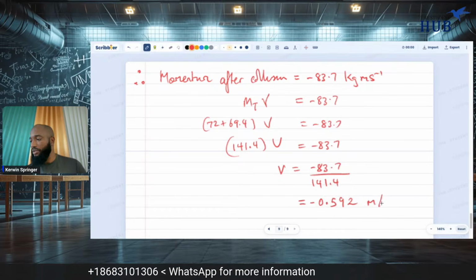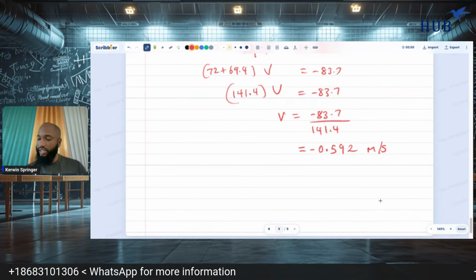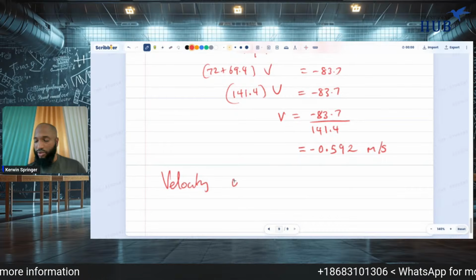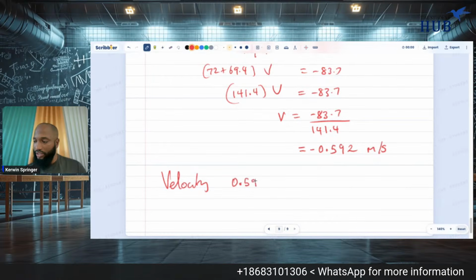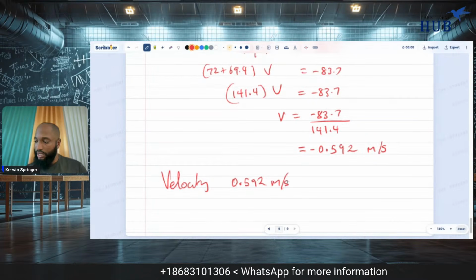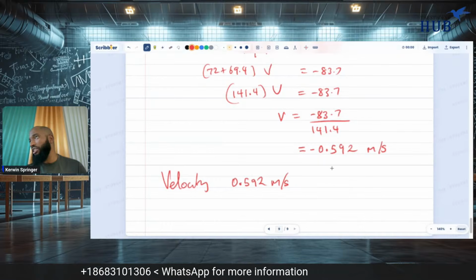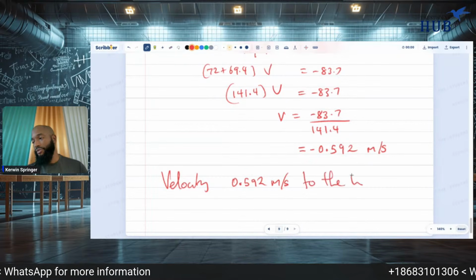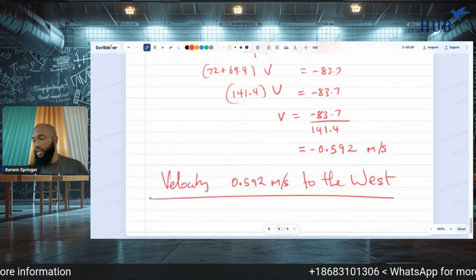And this is meters per second. So what you're going to say is velocity, ignore the negative, is equal to 0.592 meters per second. And since you see negative, what direction does that mean? All right, to the west. Negative is west. And you collect your marks.